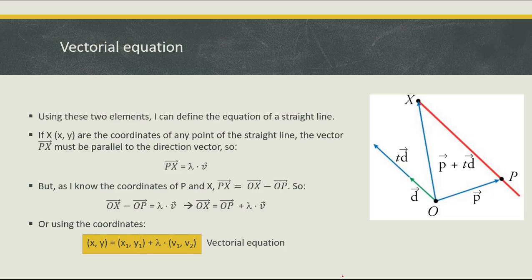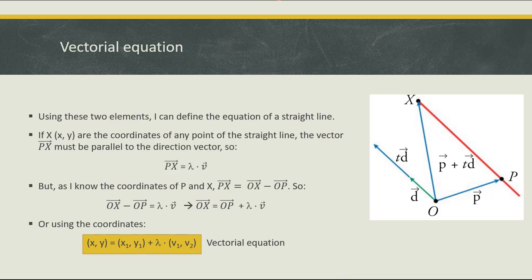I take any point of the straight line, X, of unknown coordinates x and y. This x and y that has no numbers means that I don't know the real value of x and y. It depends on the value of x, the value of y I have to take. This represents any of the infinite amount of points that the straight line has.